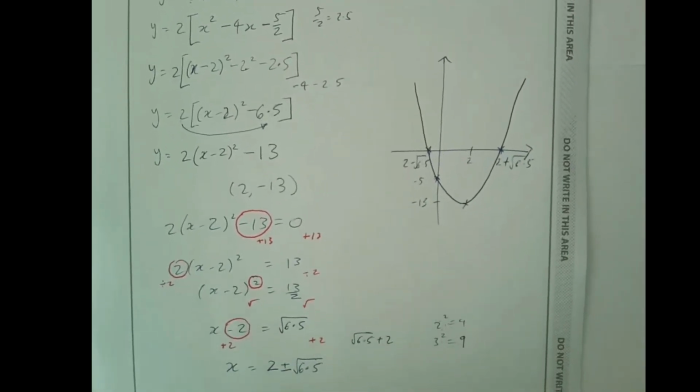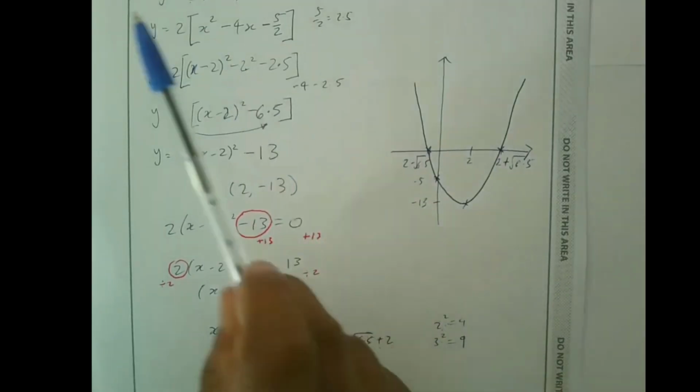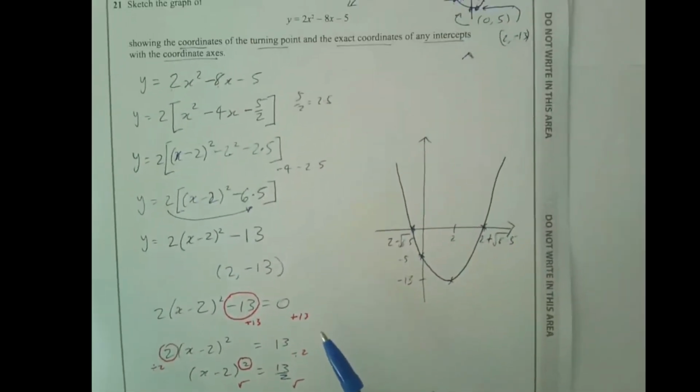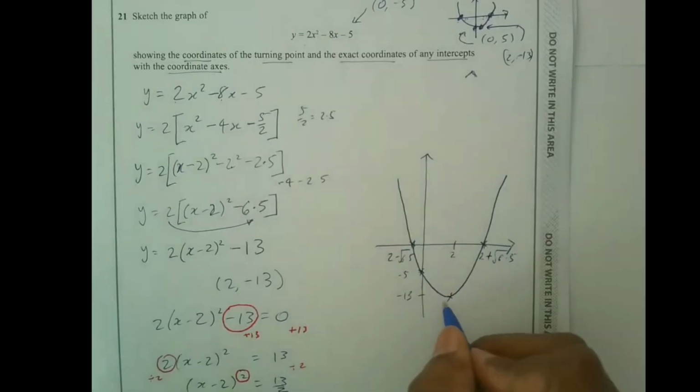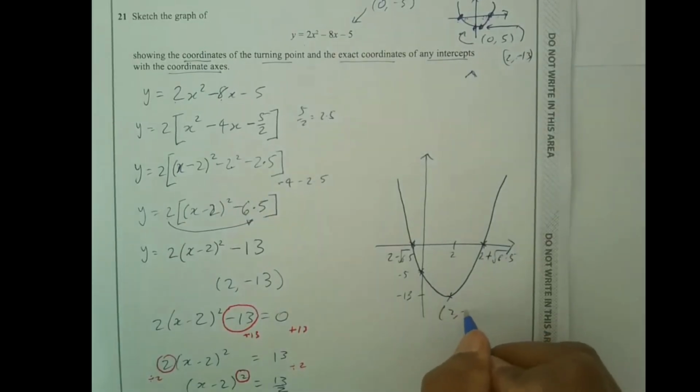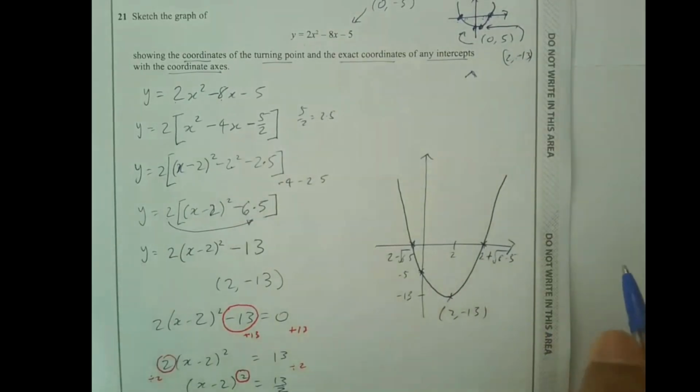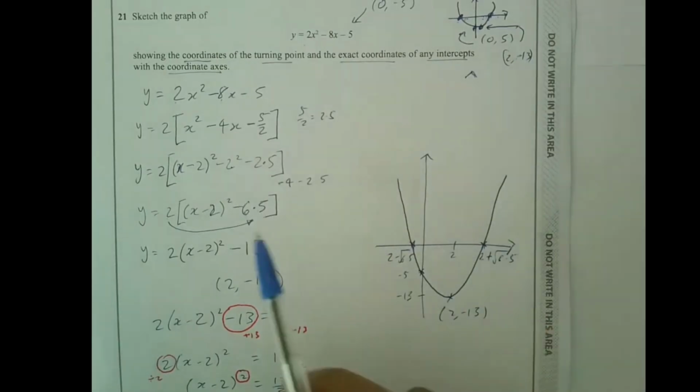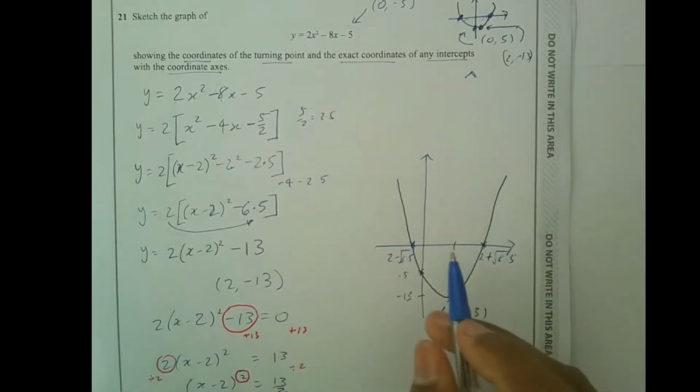And if I check my question, sketch the graph showing the coordinates of the turning point. So let me add that in there. My turning point is 2 minus 13 if it isn't clear. Showing the turning points and the exact coordinates of any intercept.